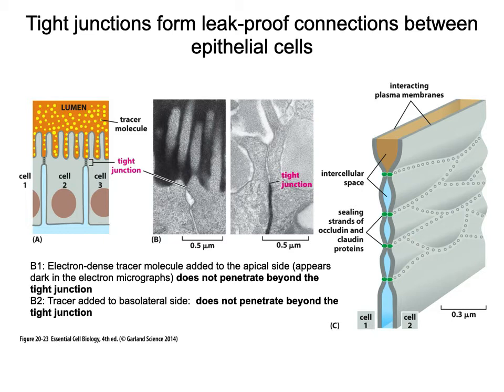So if the molecule was actually to enter the cell, it would have to be absorbed by the cell. Okay. In the other panel, B2, what they've done is they've released the tracer, the dye, on the basal side. And again, you can see how the tight junction stops it from going to the apical side.